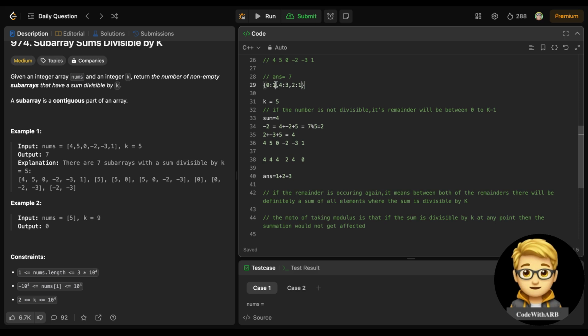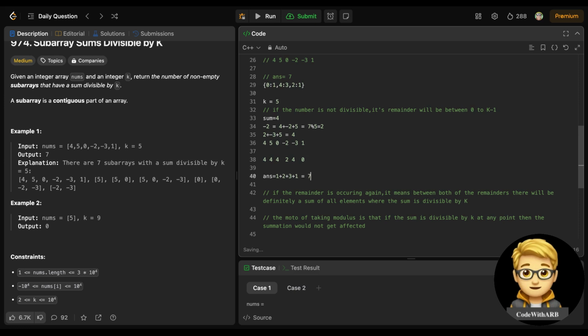Why include this 0 with 1? Because at any point, if my summation after taking modulus becomes 0, it means we definitely have a subarray. So for that, we need to initialize 0 with 1. That's just an implementation part. So if this 0 occurs, it is occurring one time, so I will just include 1 again.